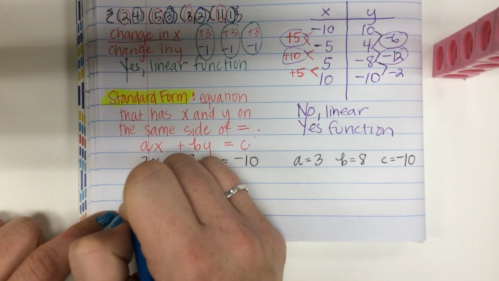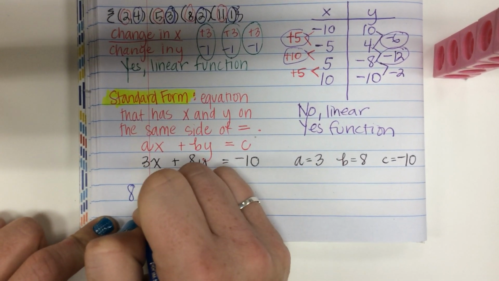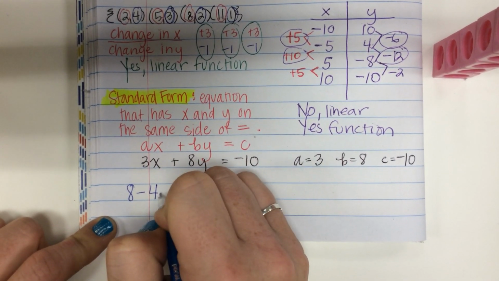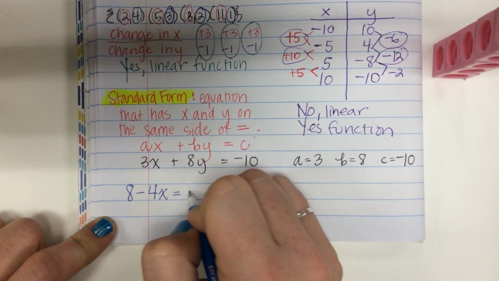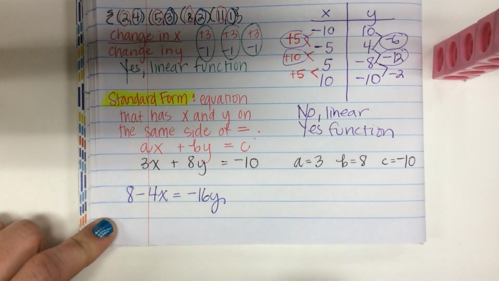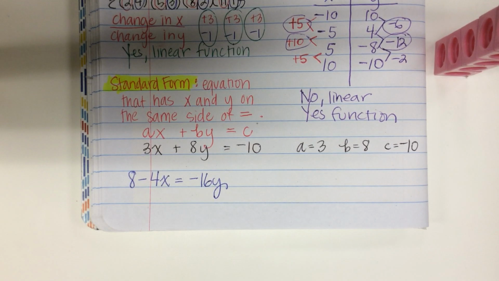Write this problem in standard form. Put that in standard form, meaning get the x and the y on the same side and move the constant, the number by itself, to the other side.